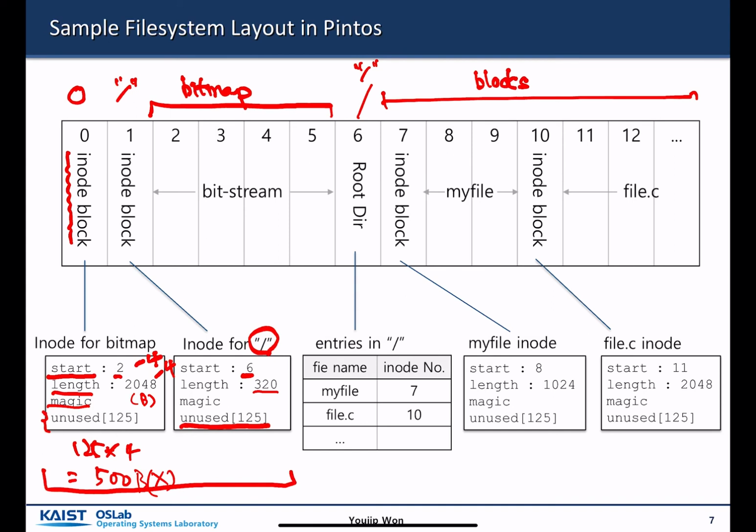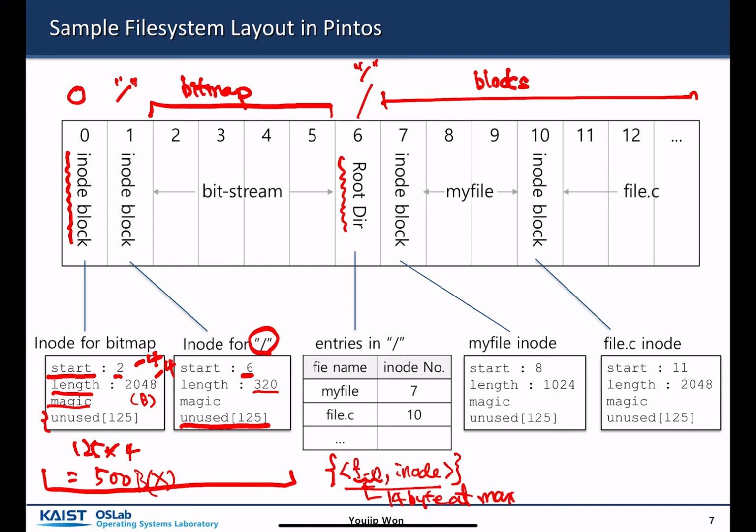And then let's look at the contents of the root directory. As we have covered before, a directory is an array, a set of file names and inodes. So in the Pintos data structure, a directory entry is an array of file name and inode, and the length of the file name is fixed to 14 bytes at maximum.